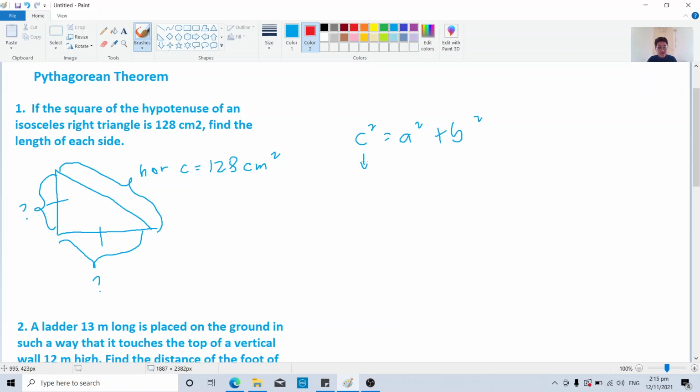What do we do in that case? Let's read the problem again. The given is the hypotenuse, 128 centimeters squared. This is 128 squared is equal to a squared plus b squared.